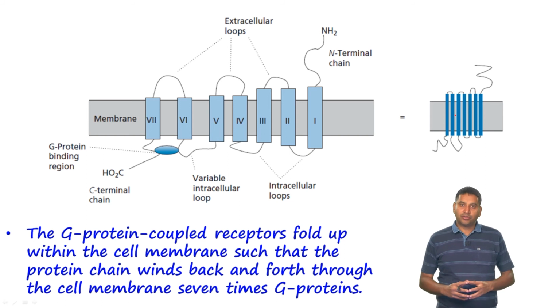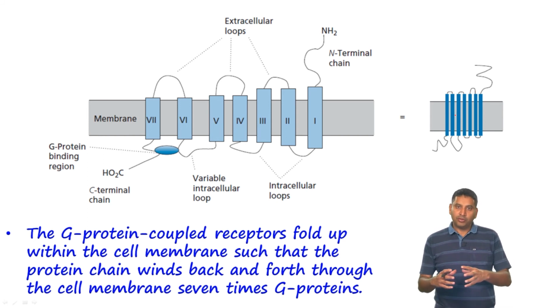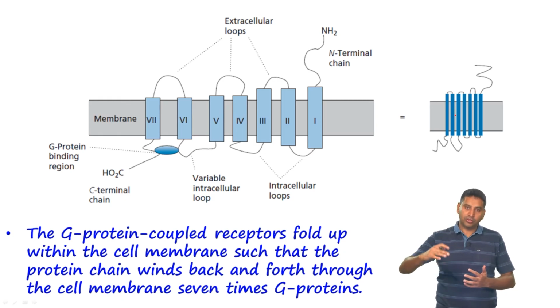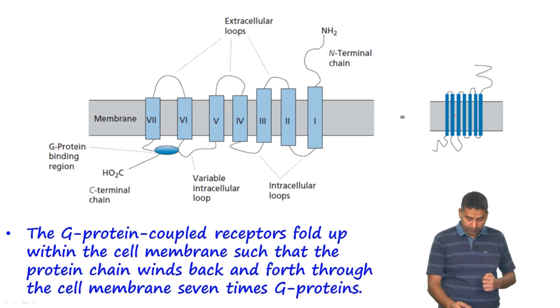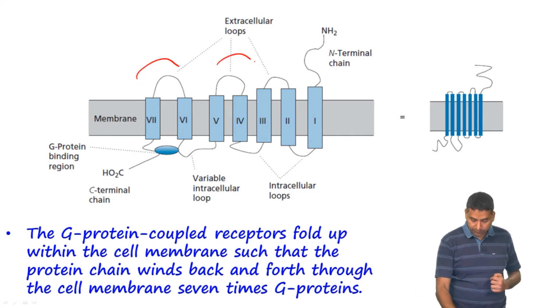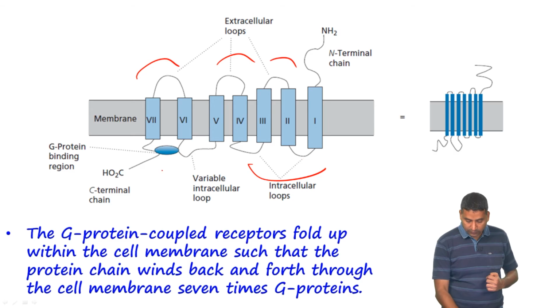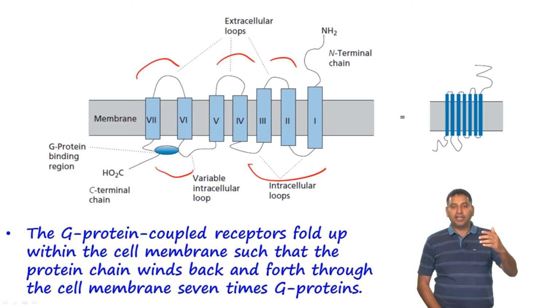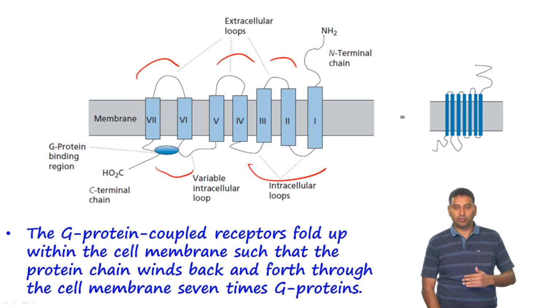Let us now look at the structure of these G protein receptors. They fold up within the cell membrane such that the protein chain winds back and forth through the cell membrane 7 times, as shown here. Again, similar to the ion channel receptors, there are extracellular domains and intracellular domains.